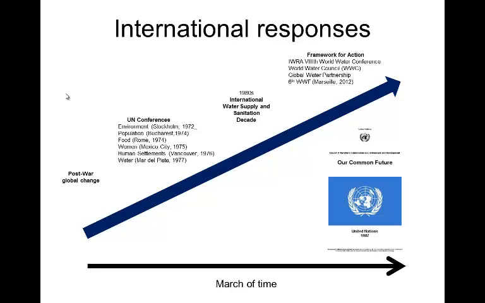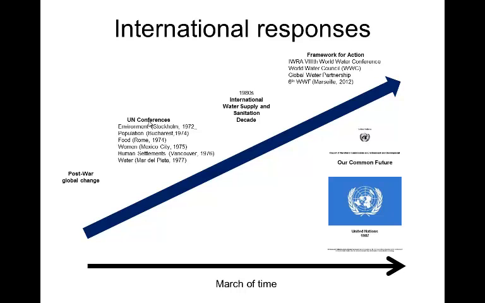But this shows at least what people are doing and trying to create as actions. And if you go back to right after World War II, you've got these United Nations conferences. There were a group of them: environment, population, food, women, human settlements, and water, at Mar del Plata, Argentina, 1977. That sort of set the stage for the action which we're seeing today.